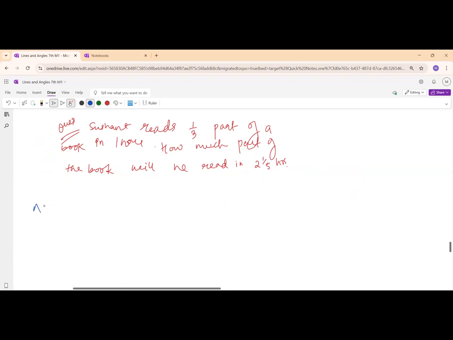See, Sushant reads part of the book in 1 hour, equal to 1 by 3.